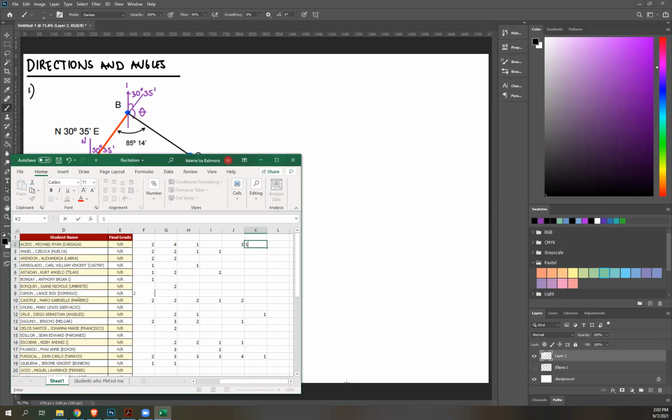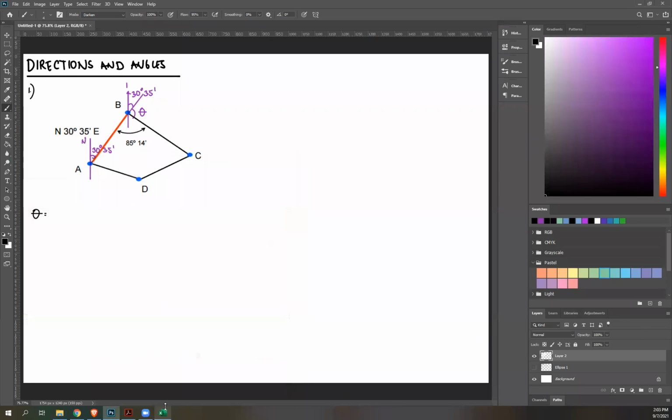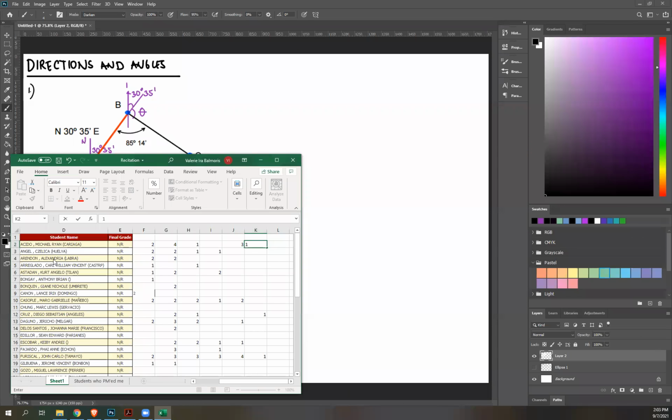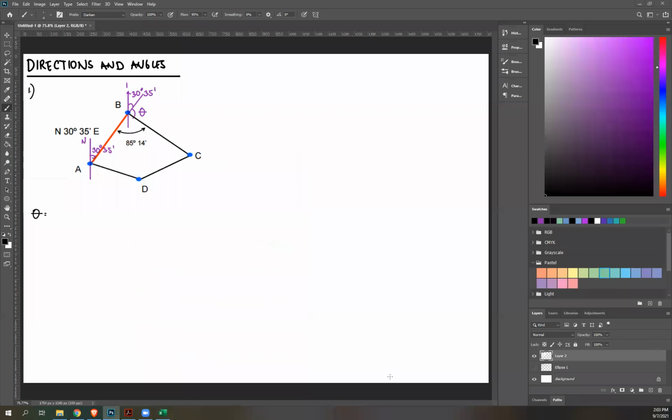If you look here, this is a straight line, and this is 180 degrees.